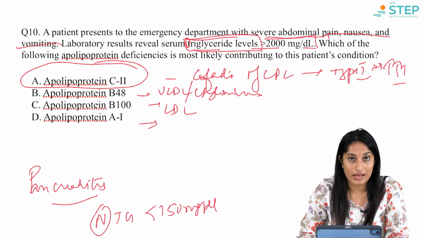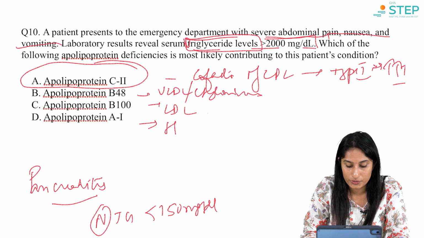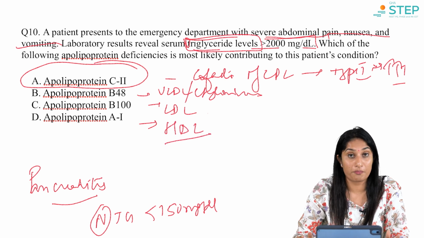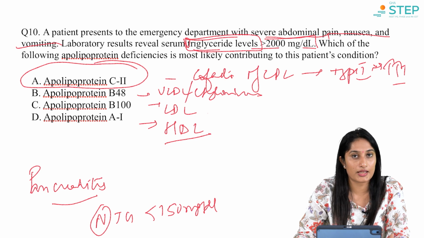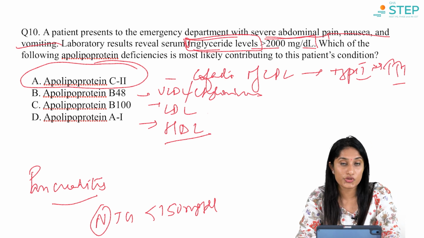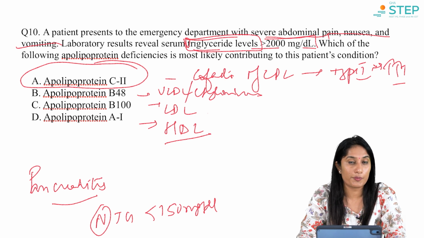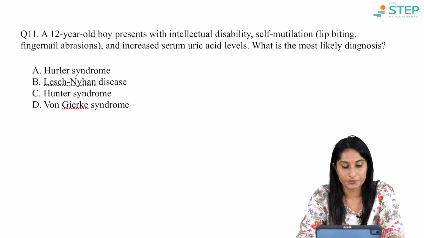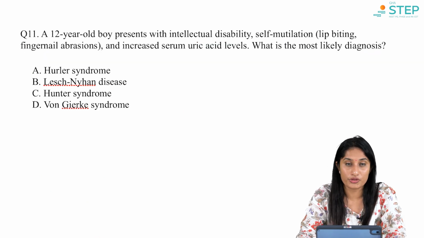Apolipoprotein A1 should be the best lipoprotein, the good lipoprotein, that is the HDL. So, A1, the best, is the apoprotein of HDL. So, definitely ruled out in this particular scenario. So, high TG, pancreatitis, the apoprotein concerned is apoprotein C2. Okay, let's move on to the next.